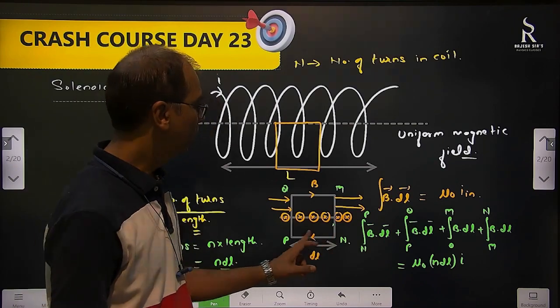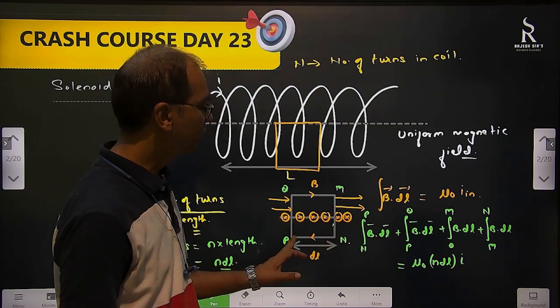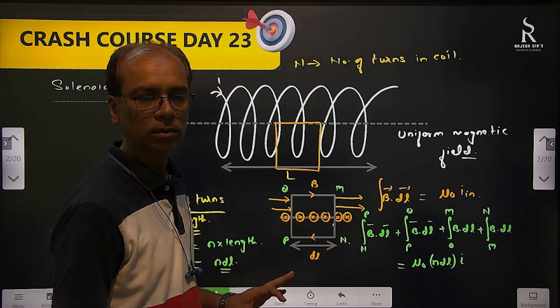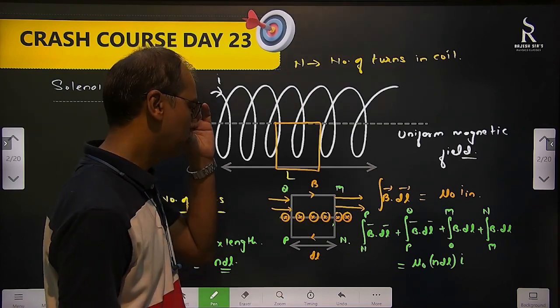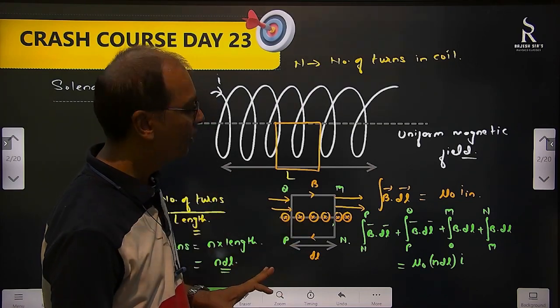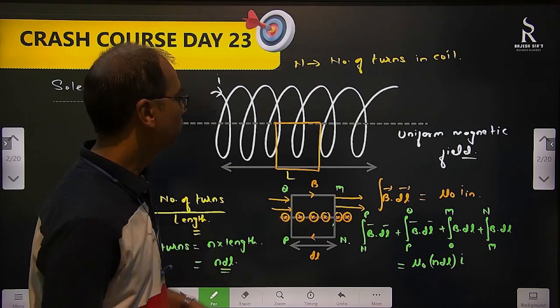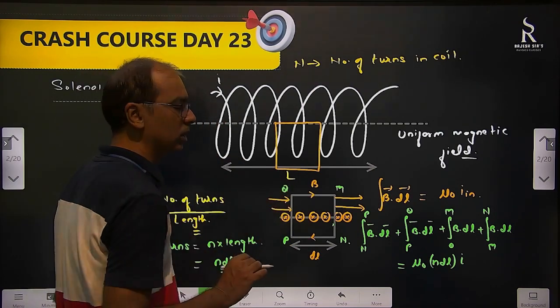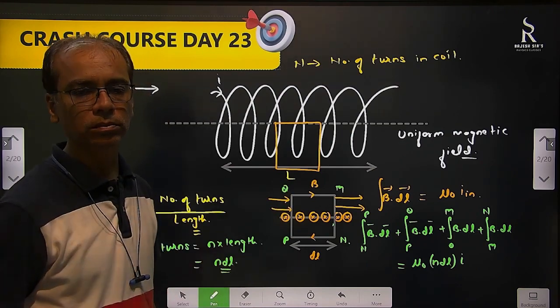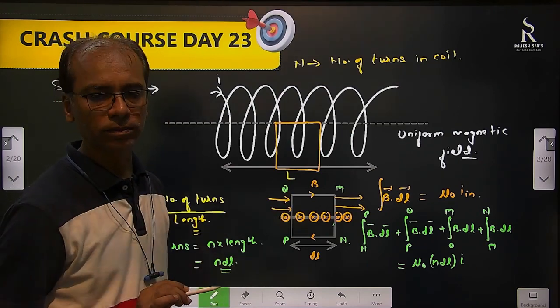Now what? We know that from N to P, there is definitely magnetic field because of this wire. But this segment we have to see where it is. Shall we find it or not find it? Magnetic field outside the solenoid is considered to be 0. There is no magnetic field outside.